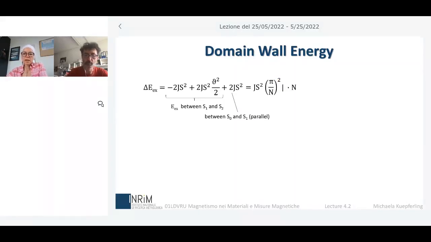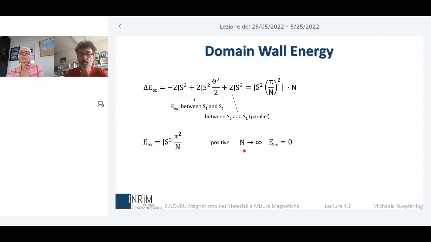Now we multiply by n in order to get the total exchange energy of the domain wall, and you get this expression. What we see immediately is that this is a positive energy, and if n goes to infinity, this energy will become minimum, will become 0.